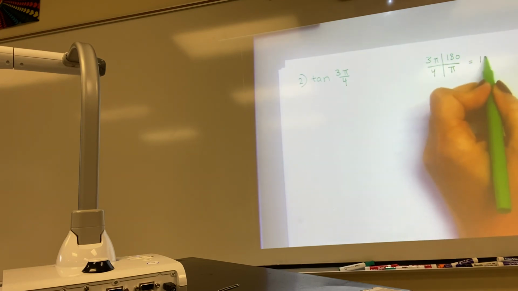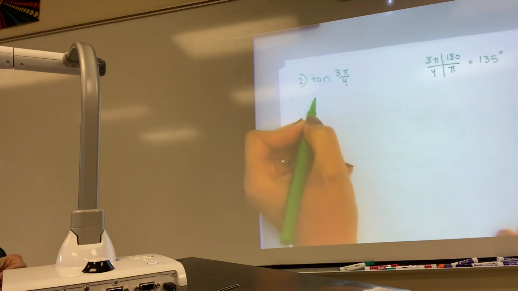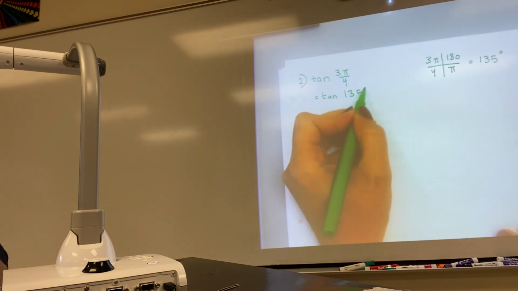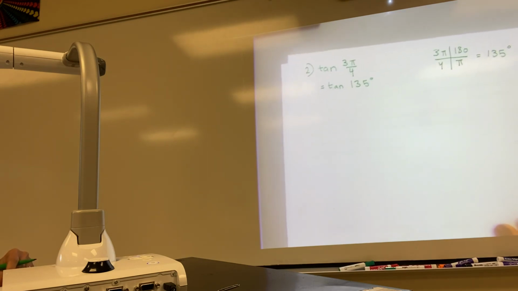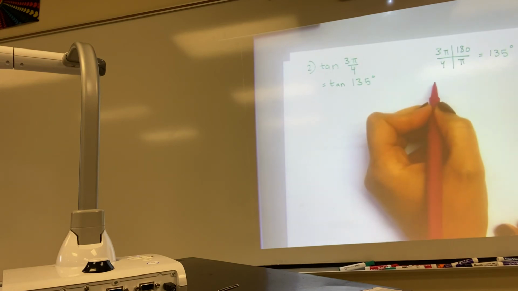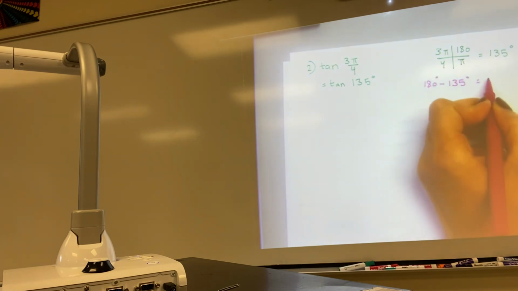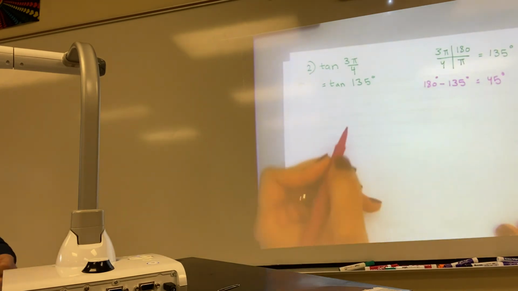You will get 135 degrees. So tangent of 3 pi over 4 is the same as tangent of 135 degrees. Again, 135 is in quadrant 2. We will take the reference angle. When we're working in quadrant 2, the reference angle is 180 minus 135 degrees, and that will be 45 degrees.